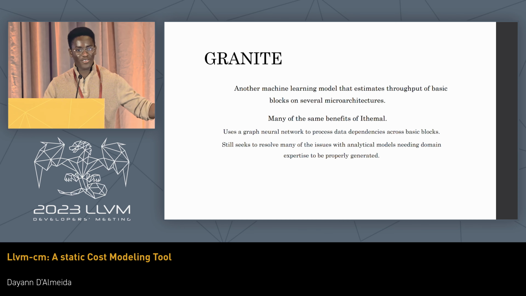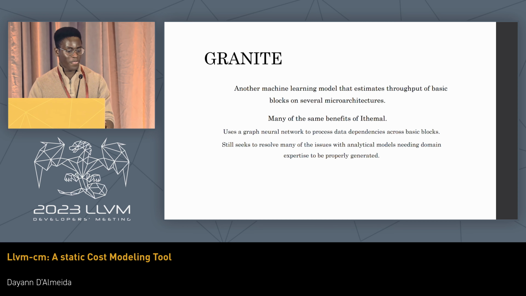And then, moving further, we have Granite, which is another ML-inspired throughput predictor. It estimates throughput of basic blocks on a variety of different microarchitectures, for a lot of the same reasons for existing that ITHEMO does.